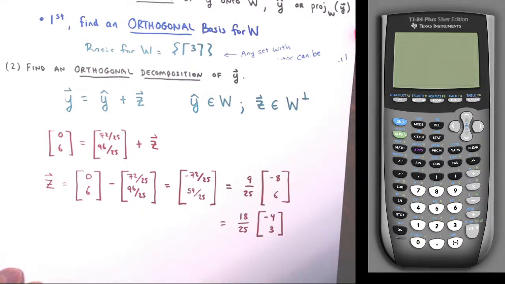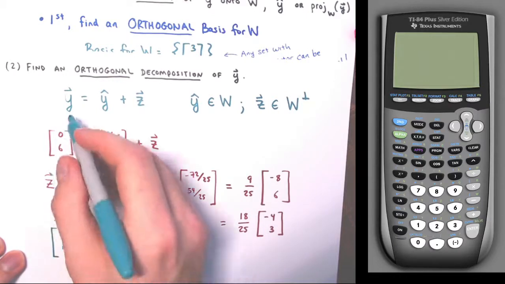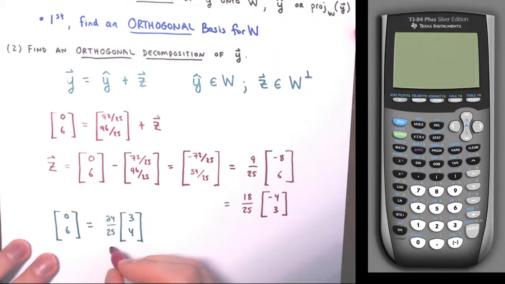Alright. So what we're seeing here is that 0, 6, the original y, the vector y, is equal to 24/25 times the vector 3, 4. This was that projection vector, this was that y hat.